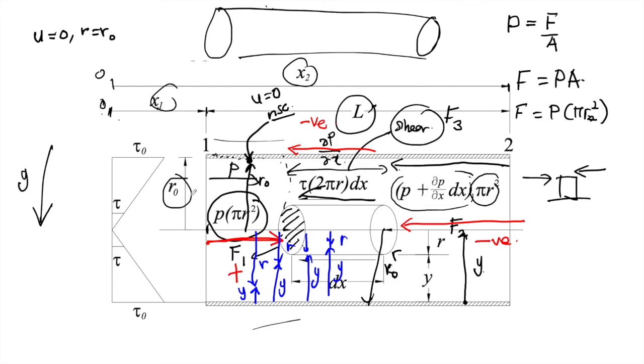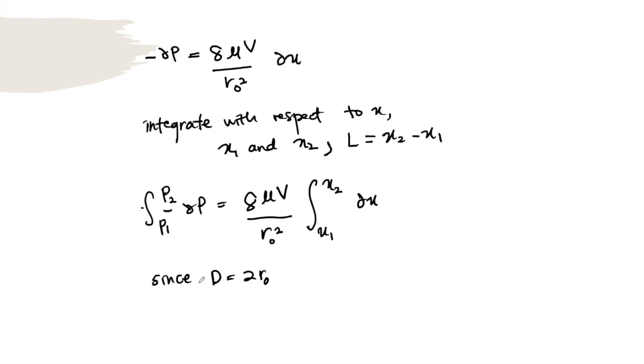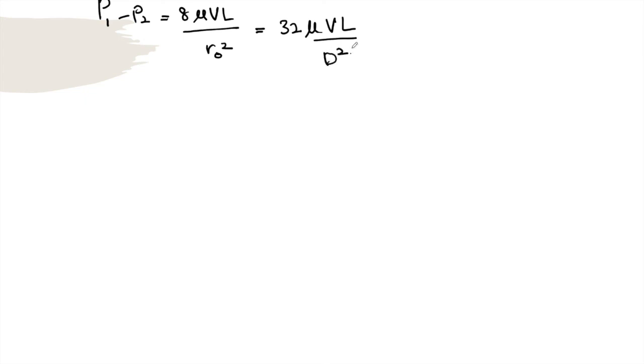So p1 minus p2 equals 8 mu VL over R naught square. If we change R naught to diameter, we will get 32 mu VL over D square.